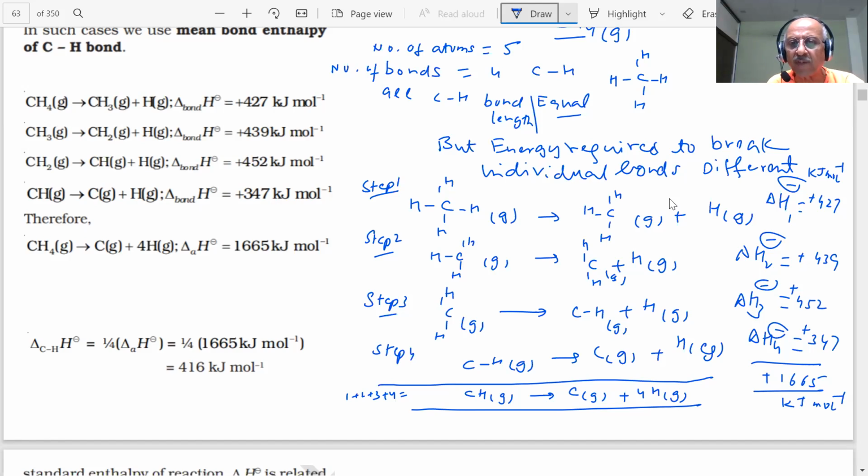So the total enthalpy change for this reaction is plus 1665 kilojoules per mole.